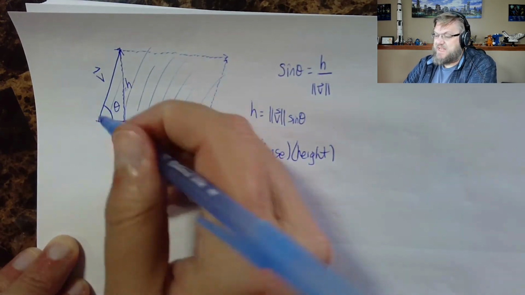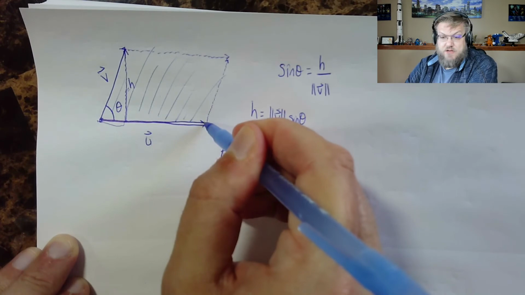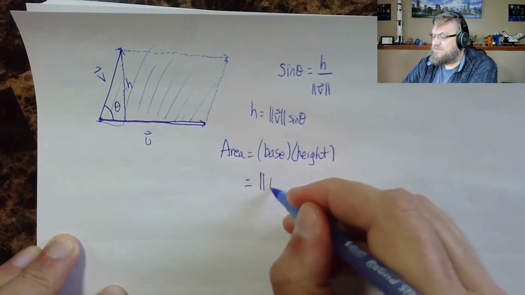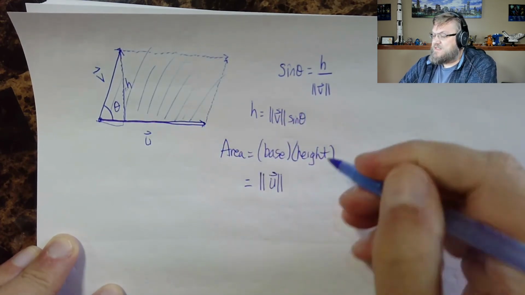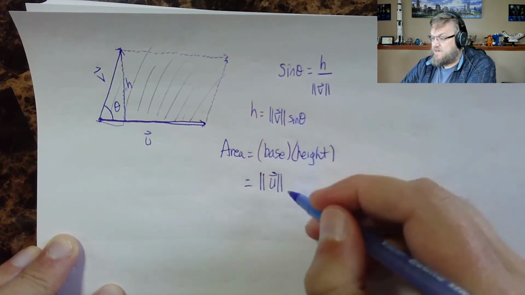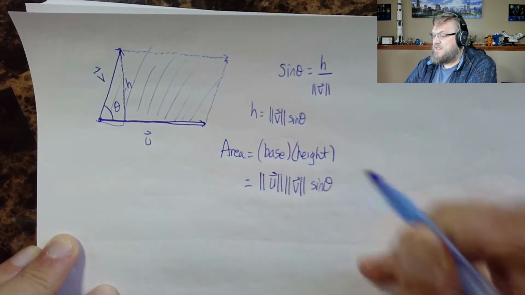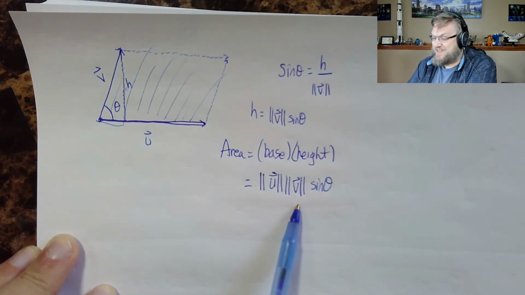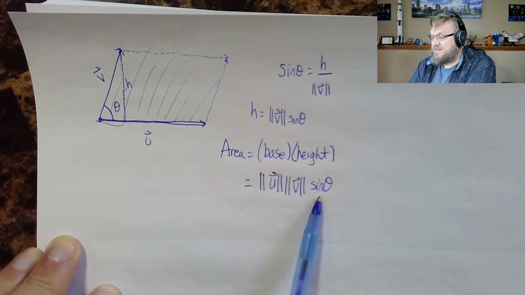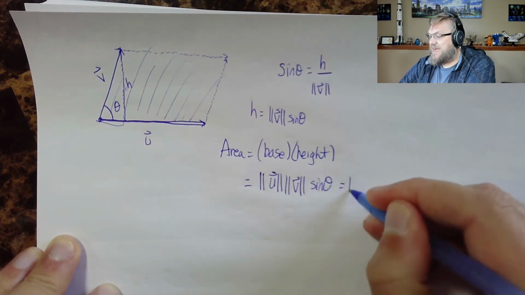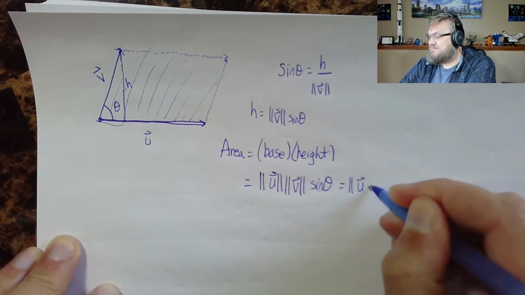Well, the length of its base, that's however long u is, right? So that's going to be the magnitude of u times the height. The height we just figured out was the magnitude of v sine of theta. And there's our little formula. Look at that. Magnitude of u times the magnitude of v times the sine of theta, which is literally the magnitude of the cross product.